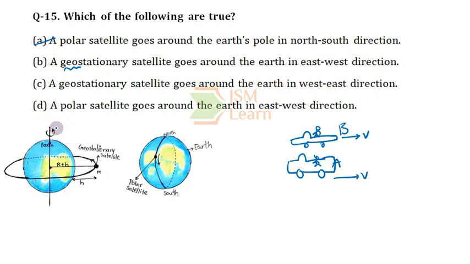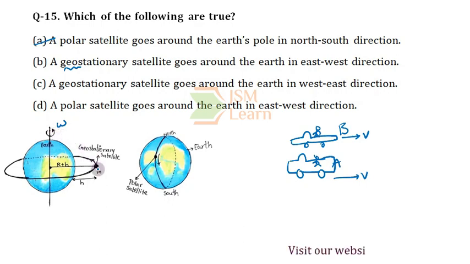Suppose the Earth is rotating with angular velocity omega, then this satellite will also have the same angular velocity, so that the satellite moves in an orbit around the Earth. So with the same speed with which the Earth was rotating, the satellite is also revolving around the orbit.